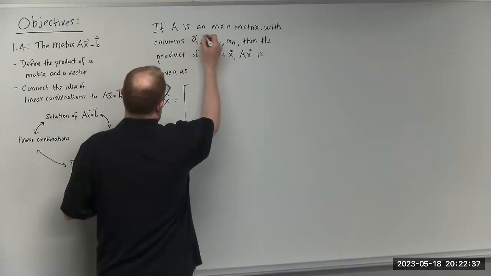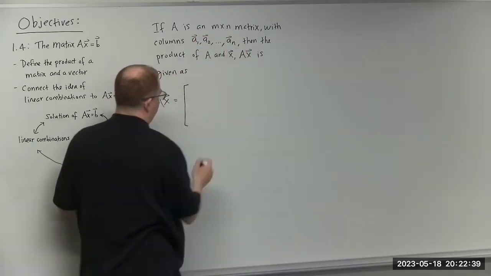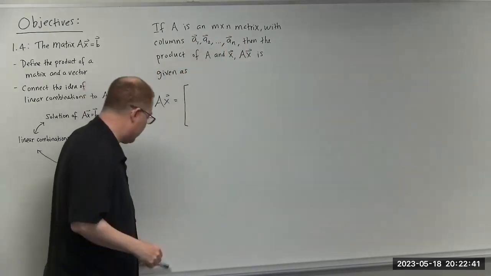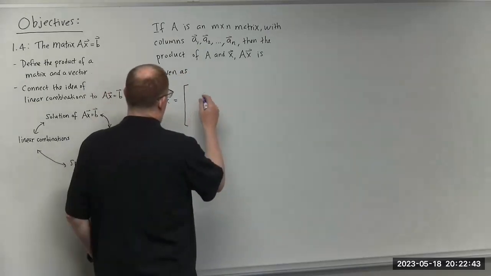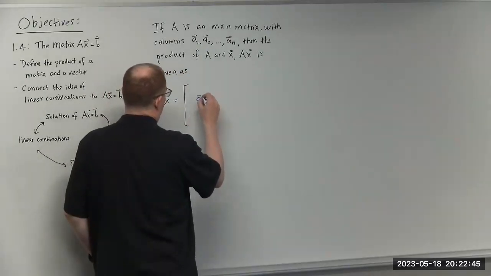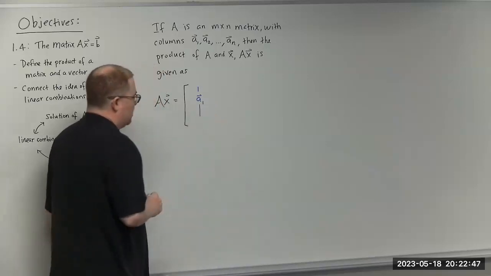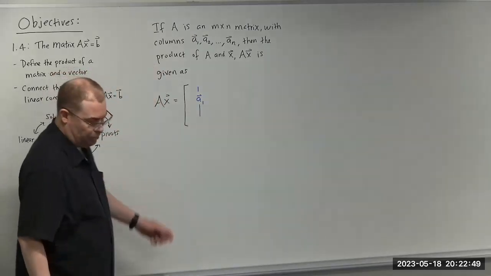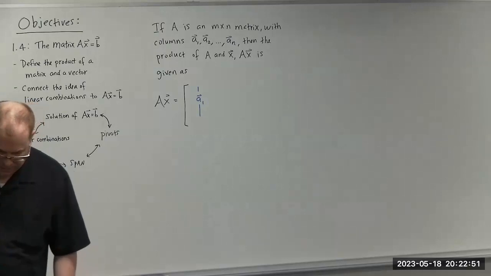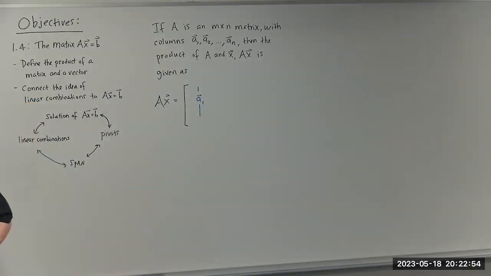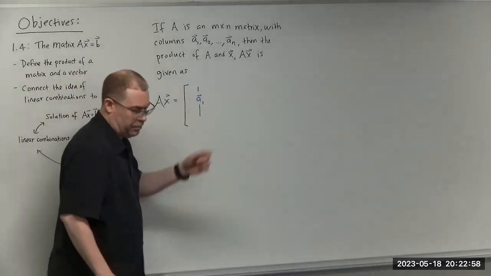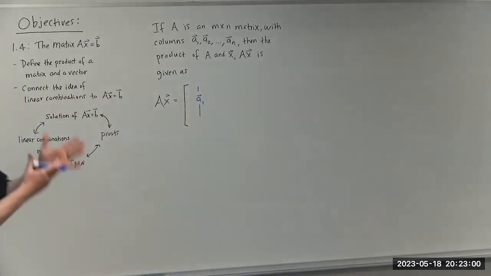I'll go ahead and put some arrows on there just to indicate that these are vectors. Okay, so the first column we have A1. Okay, so that is the notation representing the vector in the first column.